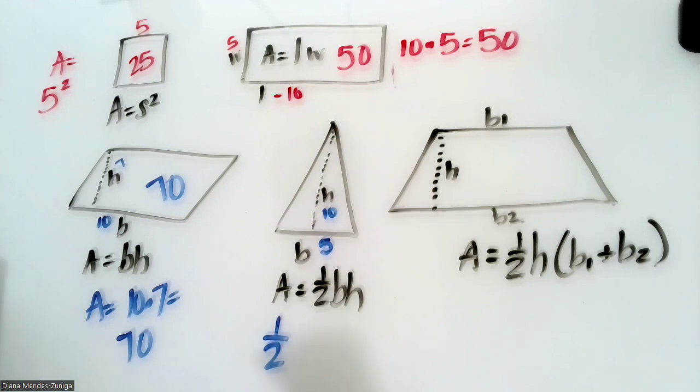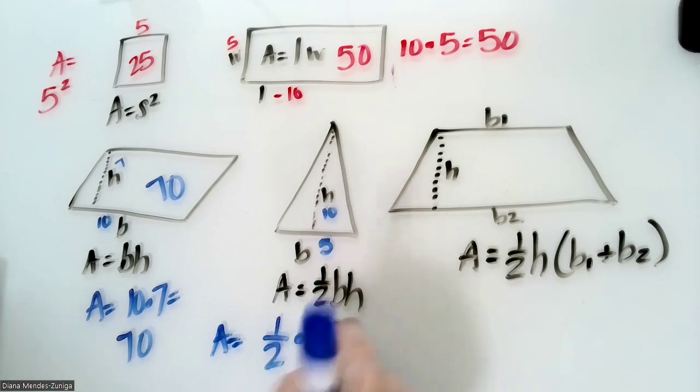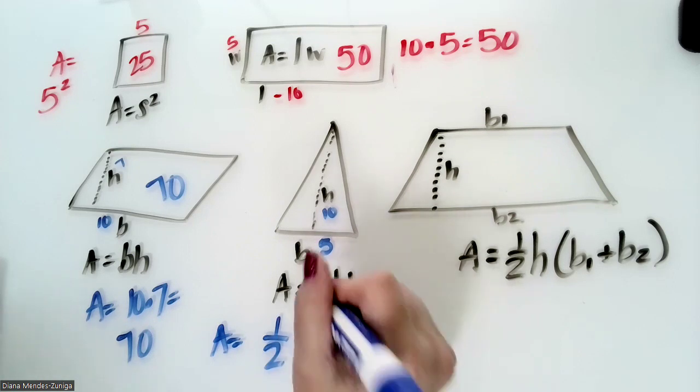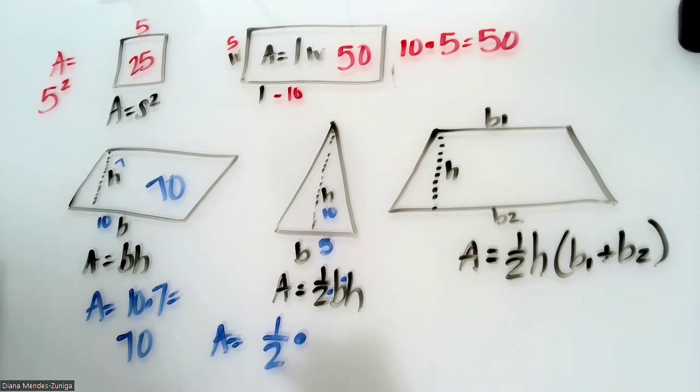So we're going to plug our base into our equation here. A equals half times, because whenever you have a number right next to a variable, or two variables right next to each other, that just means multiplication. You can just put a little dot in here, and that reminds you to multiply those.